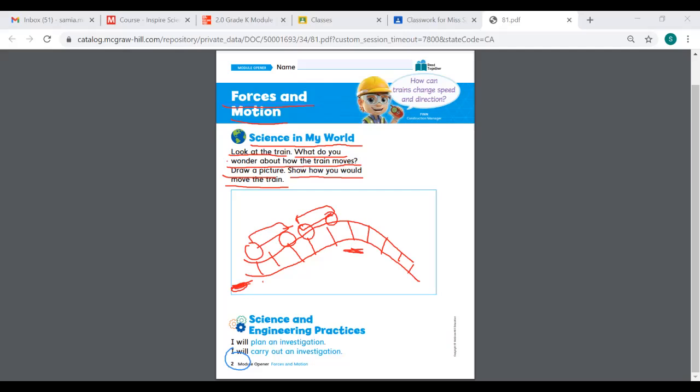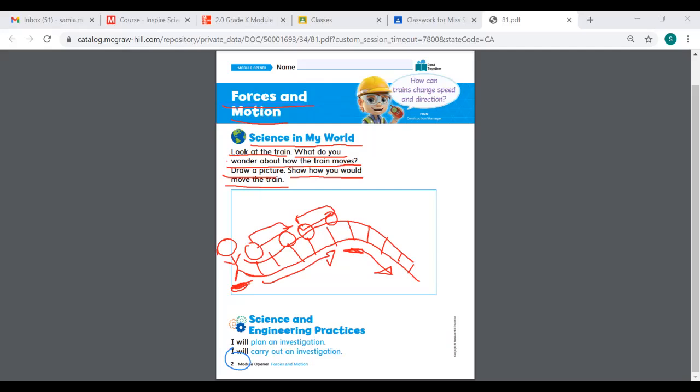Because we want it to go up the track in this direction, right? And we want it to go down. So what would you do? Would you go behind the train? So let's say you were over here. Would you push the train? I'm putting an arrow here. It's hard to see. This is an arrow.